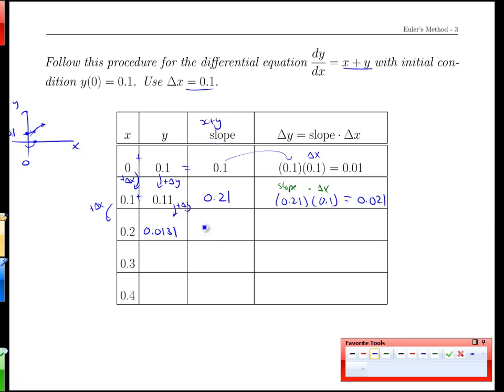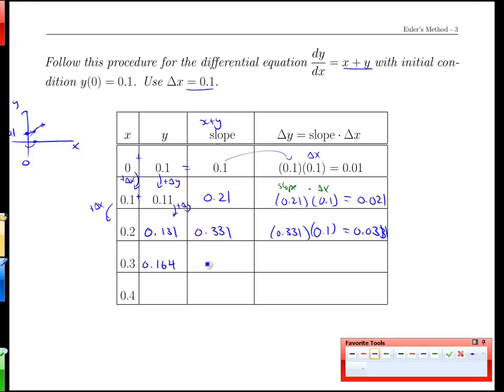So we add our x and y value to get a slope, and this will be, whoops. Misplaced a decimal there. That should be 0.131. So then this is 0.331. And 331. So we get a new increase again. 0.3164-ish.